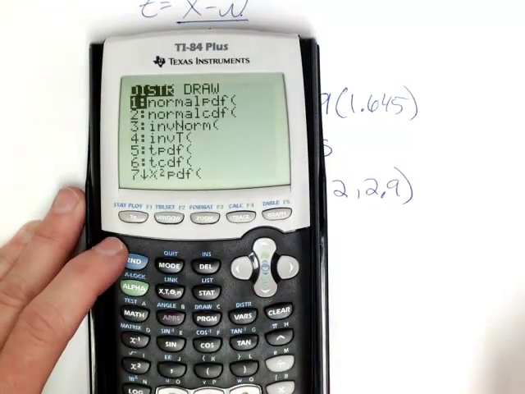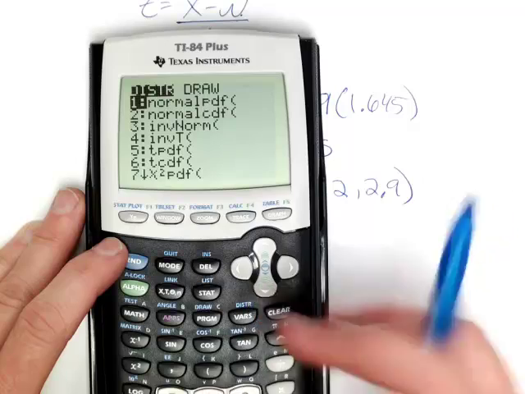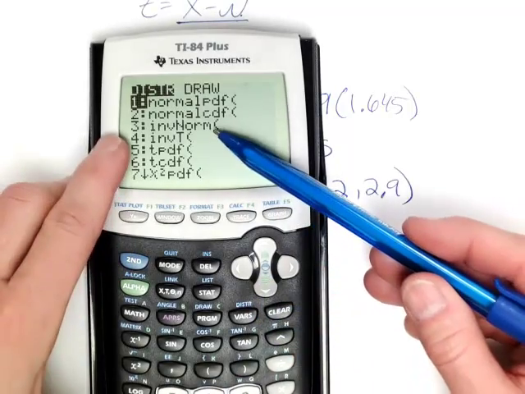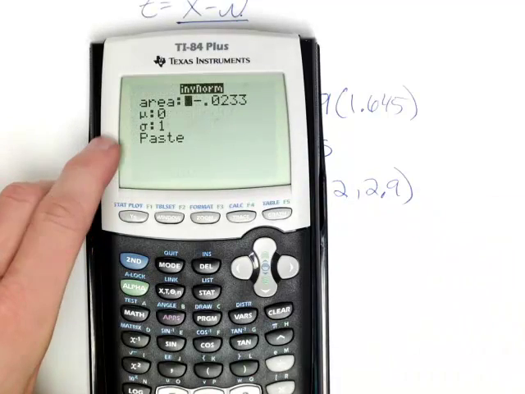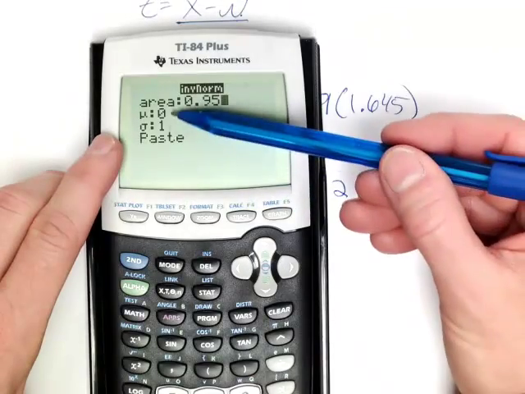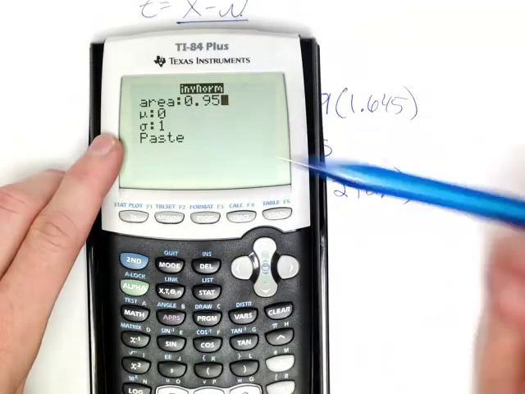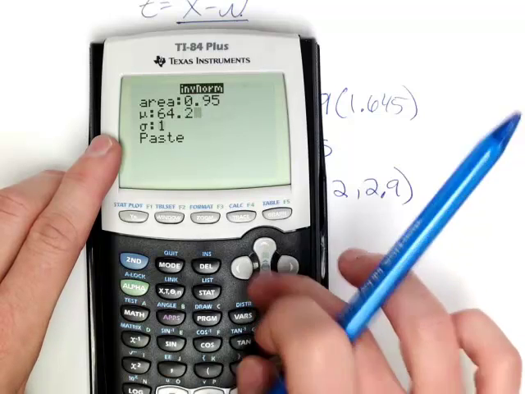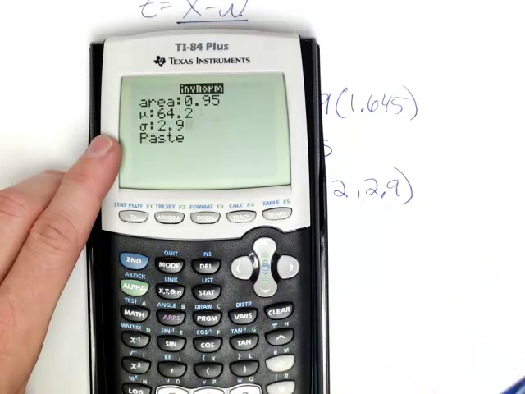we're going to go to the distribution menu, which is the same place as in all the TIs. We're going to go to inverse norm and put in the area of 0.95. Now here is where we can change mu and sigma. So mu is 64.2, sigma is 2.9.